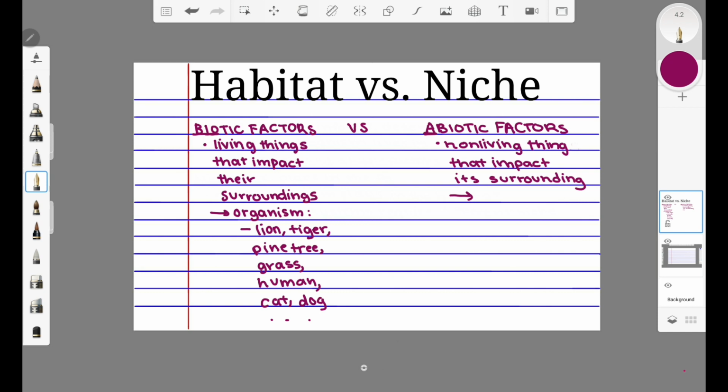These are non-living things, like conditional things like temperature, which would include water, sunlight.